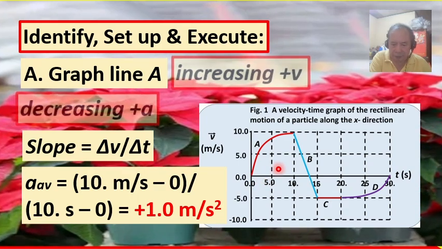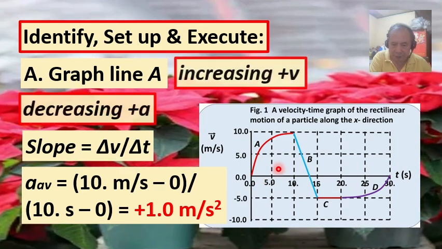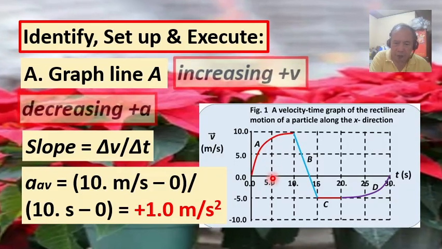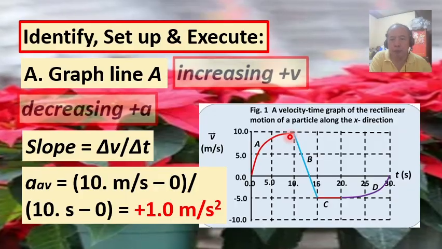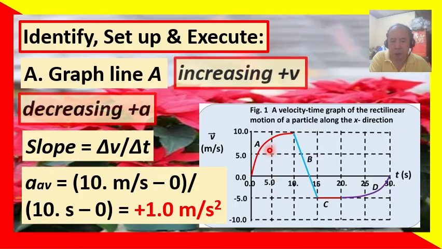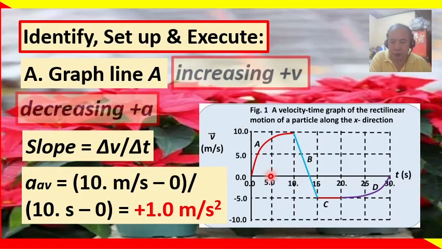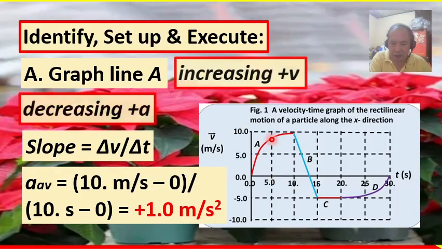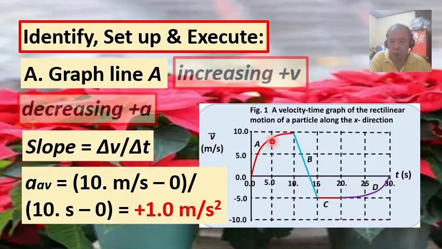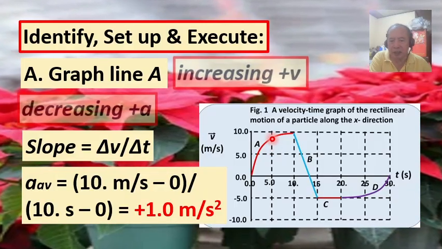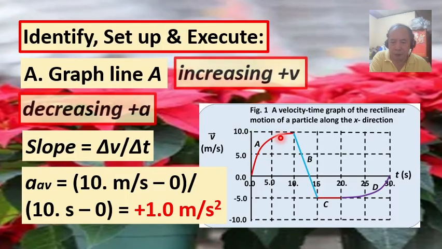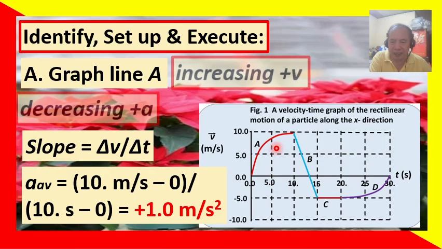But graphically, we can also determine the slope of the curve at exactly, for example, 5.0 seconds. So the technique requires you to be able to get the tangent line, a line tangent to that point in the graph corresponding to 5.0 seconds.